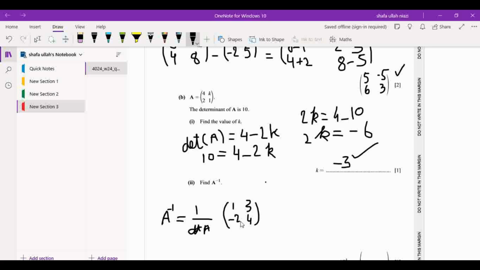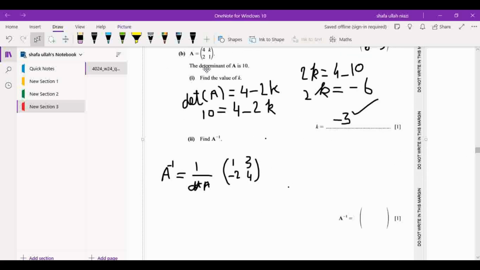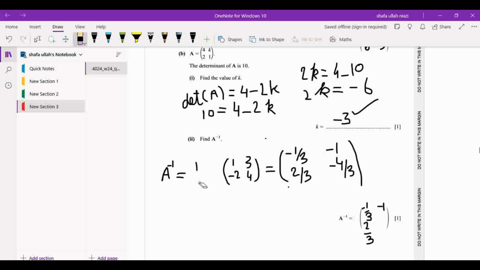So A inverse will be equal to what? Simple, very simple. Determinant of A is minus 10, so we put 10 here.